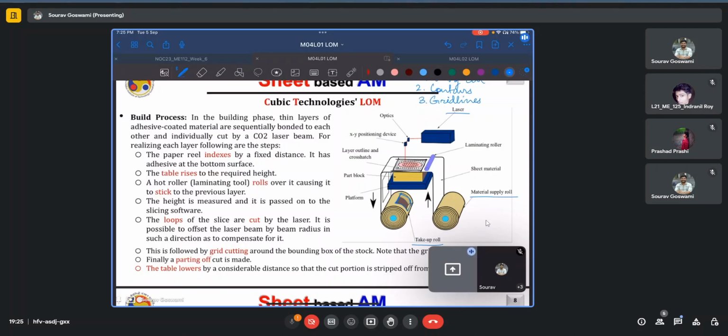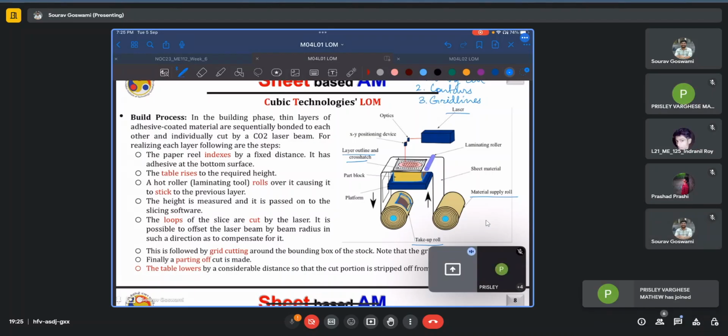Now, in each layer, the outline and the cross hatching is performed by this laser. This is our build block, which is getting deposited. This final build volume will take either a cubical or, more generally, a cuboidal shape, from which the decubing process will remove all the unnecessary regions. And with each pass, the platform moves by the designated height.